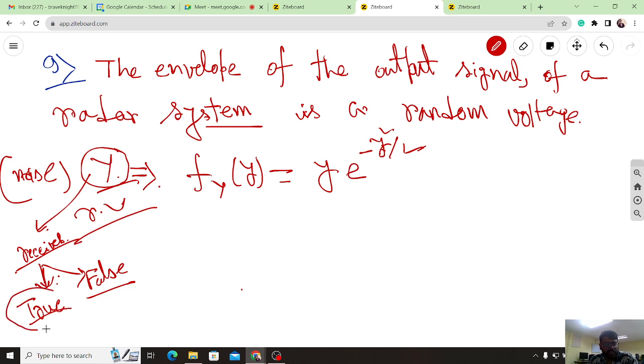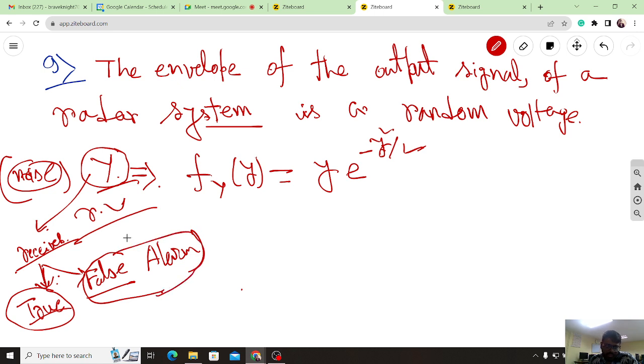So that is the true case. Another case can be, because there is noise, there could be a false alarm. Like there is actually no target, but the noise triggers the receiver output threshold, and it says there is a target, but that is a false alarm.